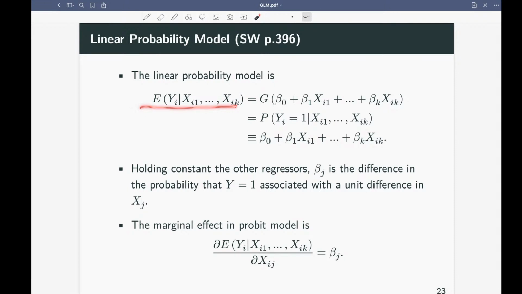So the expectation is equal to what we define as capital G. And by definition, because y is binary, the expectation of y is equal to the probability of y equal to 1. We have these two terms because we use the identity link.